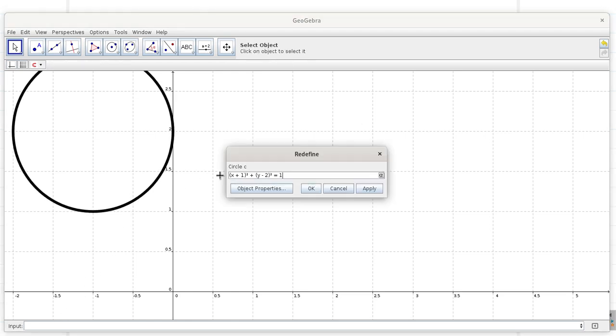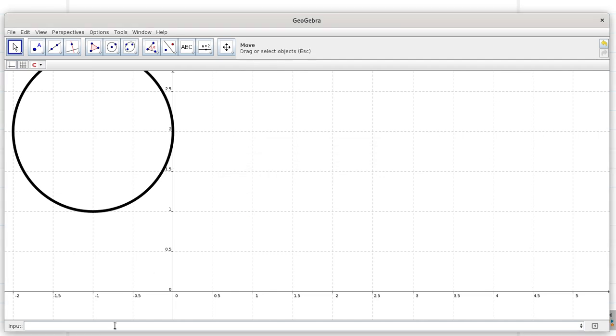Let me just copy this formula and put it here.